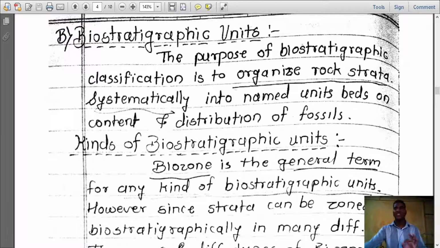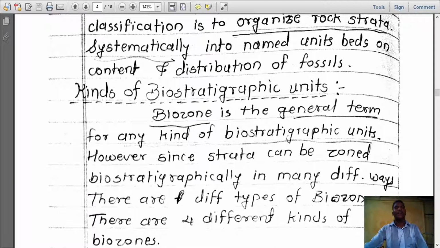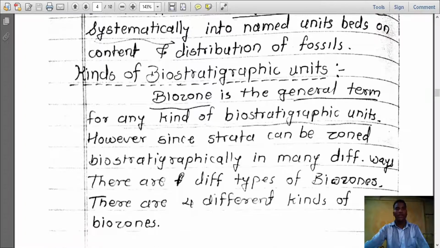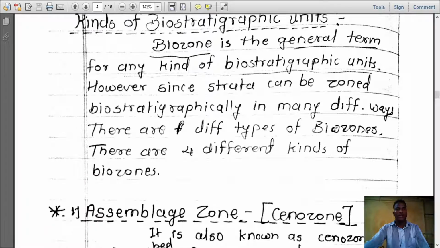Biozone is the general term for any kind of biostratigraphic unit. However, since strata can be zoned biostratigraphically in many different ways, there are 4 different kinds of biozone.